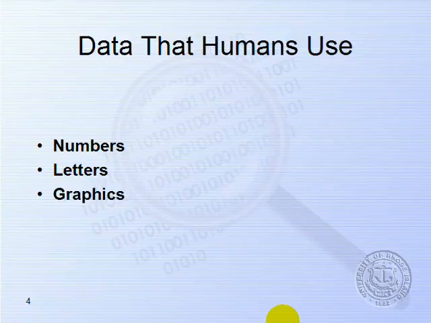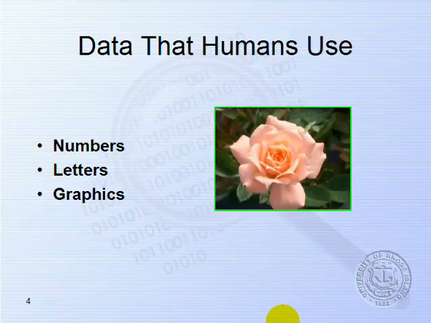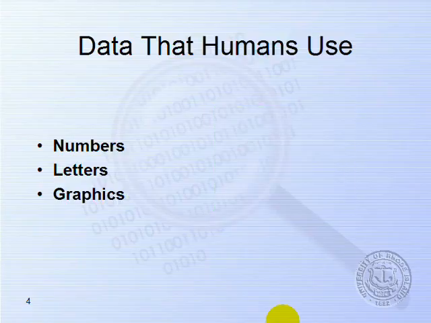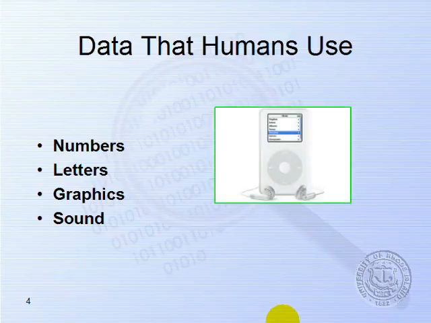We also use graphics. We've all seen images on web pages. Perhaps you've watched a DVD on your computer, put a picture into a paper that you're writing. You've worked with graphics on a computer. There's also sound. We've all heard the computer make beeps and various sounds, and many people play their MP3s over their computer.